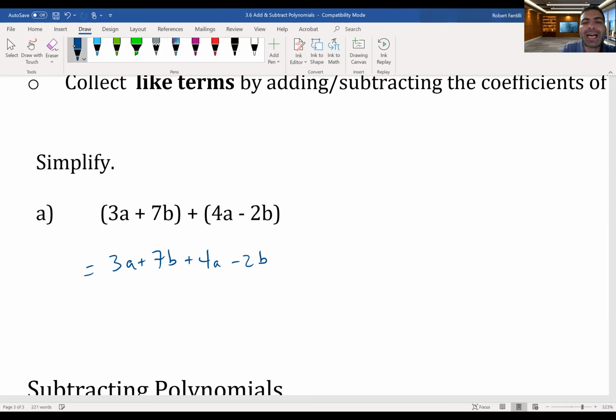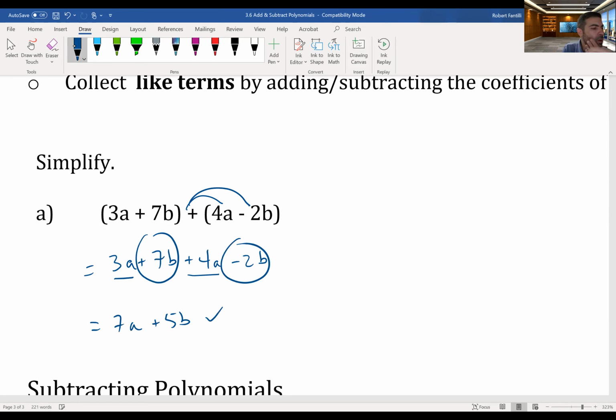Because what we're really doing is adding 4a and adding negative 2b. When you add negative, it's just minus. Okay, now we collect like terms. 3a and 4a, 7a. Positive 7b minus 2b is just plus 5b. That's the answer. Okay.